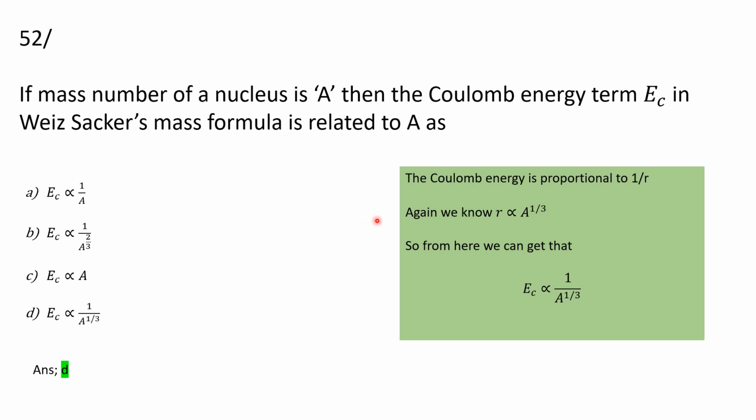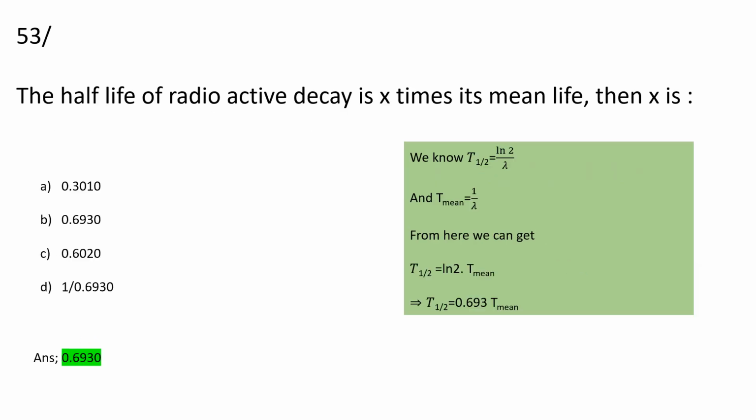So we know that the Coulomb energy is proportional to 1 by r. Again we know that the radius is proportional to A to the power 1 by 3, where A is the mass number. So from here we can get that EC will be proportional to 1 by A to the power 1 by 3. And option D, that is EC proportional to 1 by A to the power 1 by 3, is the right answer.